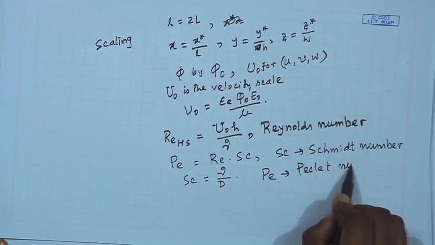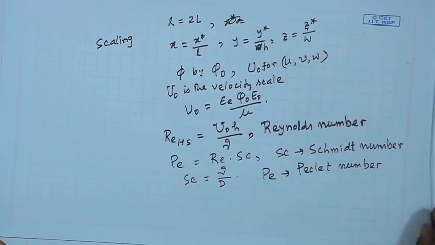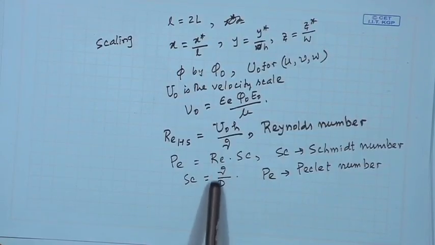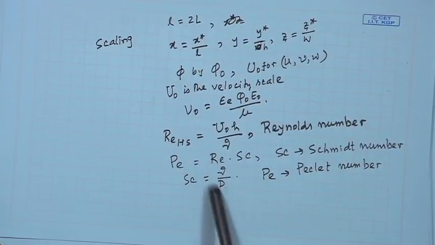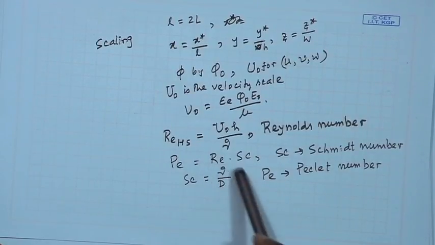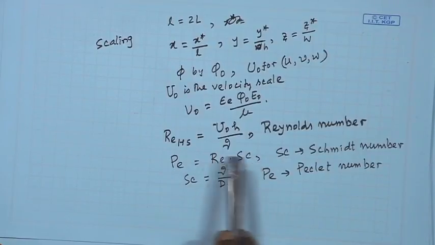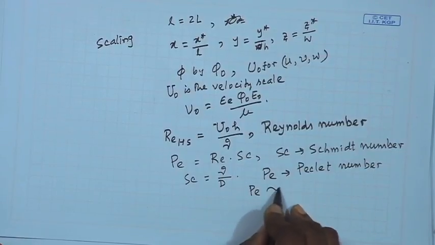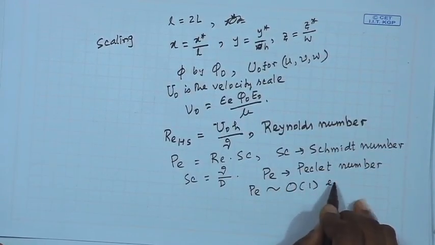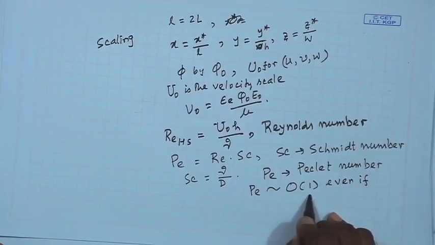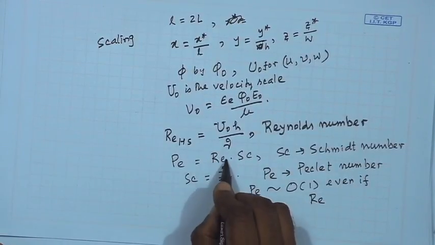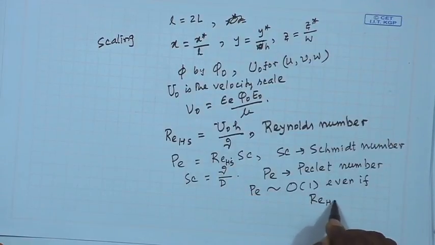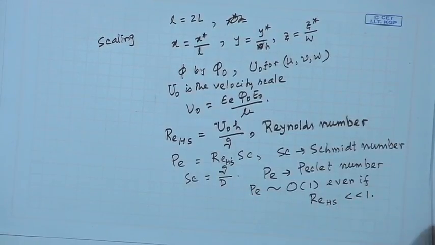Now, usually the Reynolds number will be very small in electroosmotic transport, but this Schmidt number may not be, because nu by D becomes a large quantity. So though Re is very small, Sc is high, so the Peclet number can be of order 1, even if Re_HS is many times less than 1.